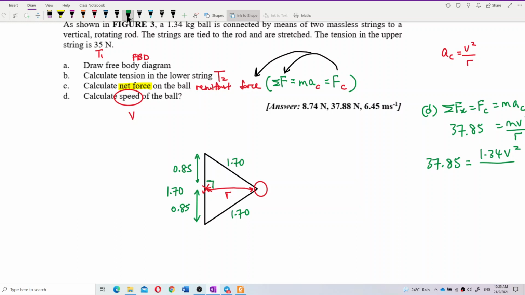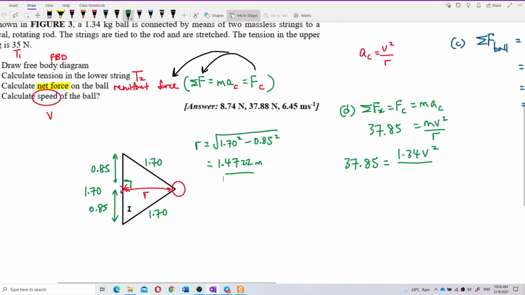Okay, here is 90 degree. So can we find R? Easy peasy. So R is just take the 1.7 square minus the 0.85 square. Okay, so what's the answer? Yes, the answer is 1.4722 meter. So that's the length.